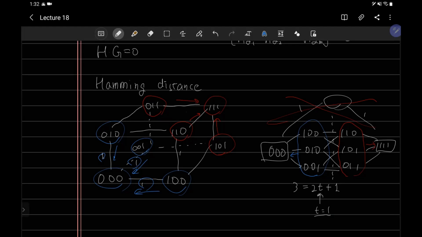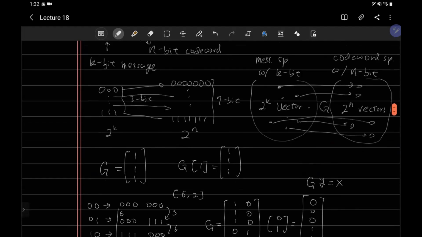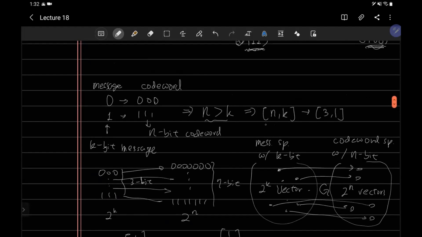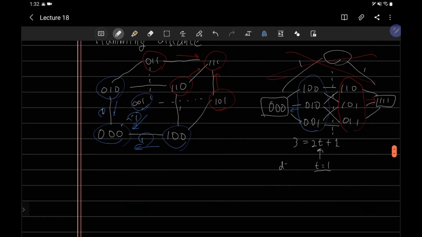And then the minimum distance, if I write it down as a d, then in the previous case, when we are representing the code word in this way, the more general notation is that we should also include that information. So we will say that (n, k, d) is the notation for the linear error correction code.